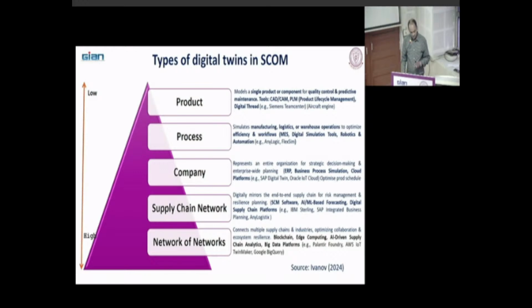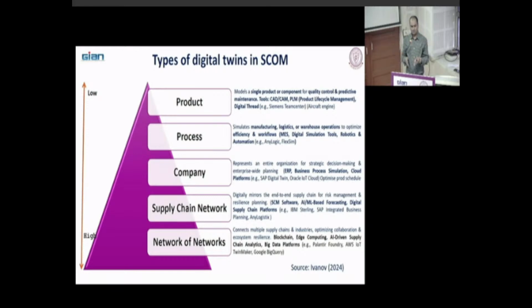Then the fifth and last important one is the network of networks. What is the network of networks? It connects multiple supply chains and industries. Suppose you are making two kinds of products. Each product has its own supply chain. One product you are selling through normal physical stores, and one product you are selling online. Obviously the networks are different, and you want to optimize both networks together, online and offline.